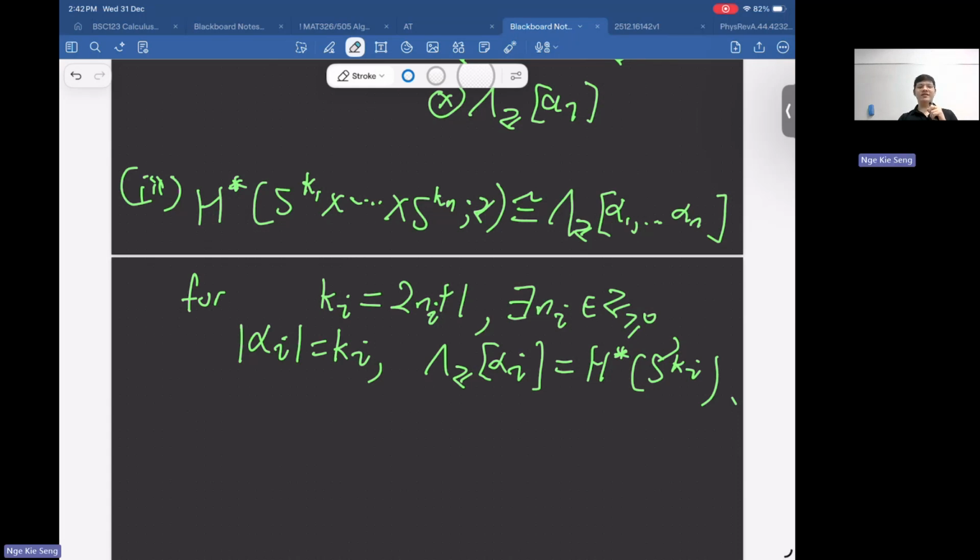The even case is a bit tricky. Let me see how I should put this.